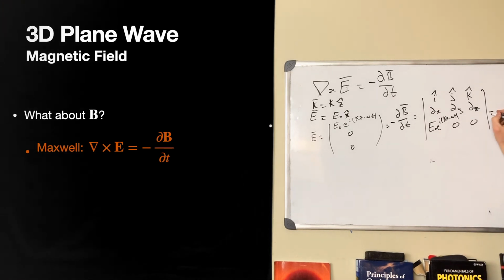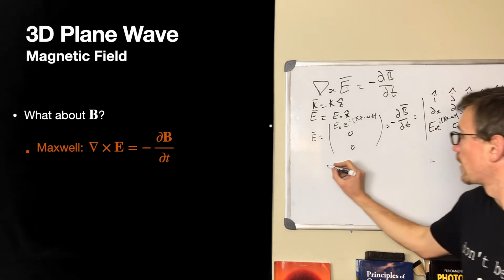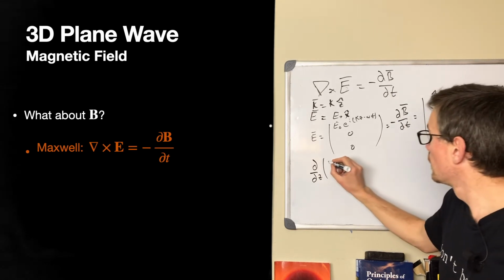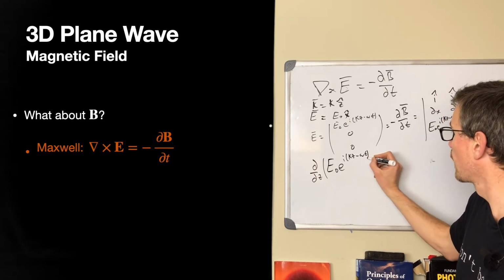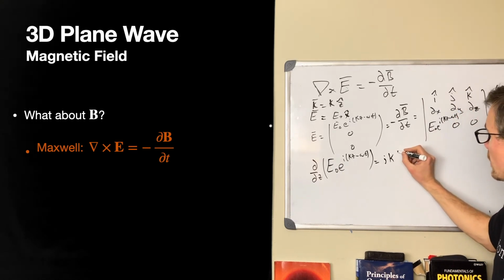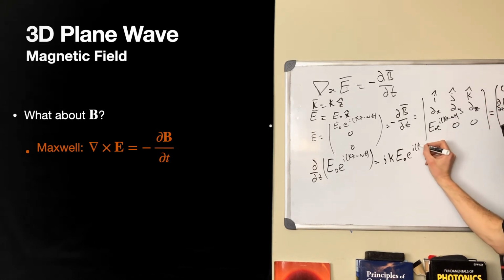The only thing that's not 0 is the y component, which is going to be d by dz of E. So the derivative of E naught e to the i(kz minus omega t) is equal to i times k times E naught e to the i(kz minus omega t).